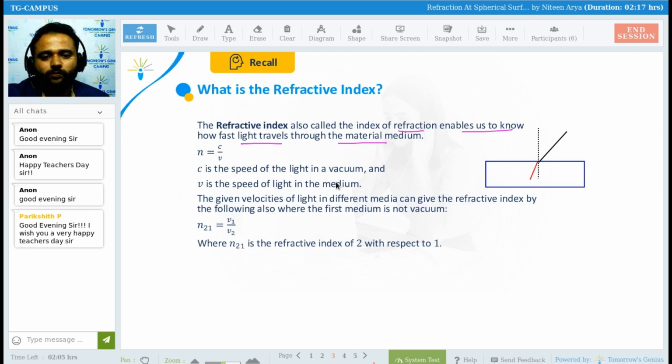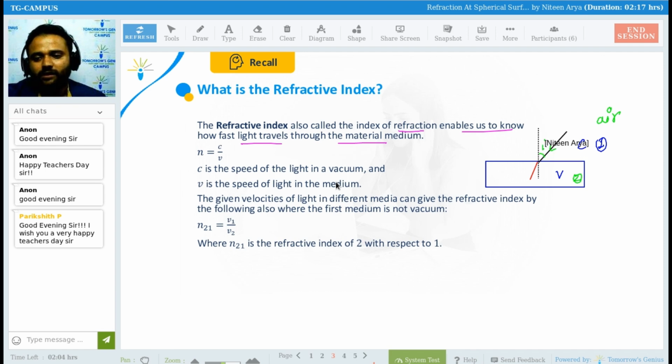Clear? So obviously here this is your glass, medium 2, where the speed of light is v, and here the speed of light is c. It is medium 1, or you can say air, and it is medium 2, or you can say glass. So basically the ratio of the speed of light in one medium to the other medium. Which medium do we take as one medium? The medium from which the light has entered. That is known as your first medium.